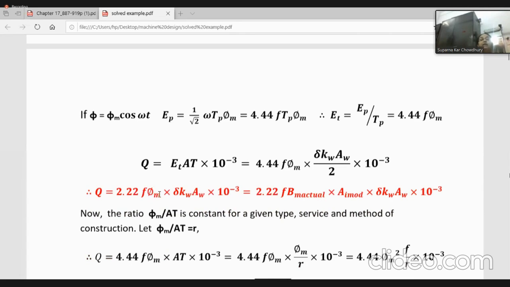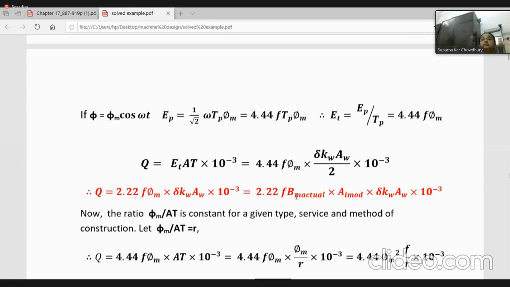Then phi m is the flux density into iron area into delta into kW AW into 10 to the power minus 3. Here you can see that the kVA is being related to the dimension. AI is the cross-section area of the core, and AW is the window area.